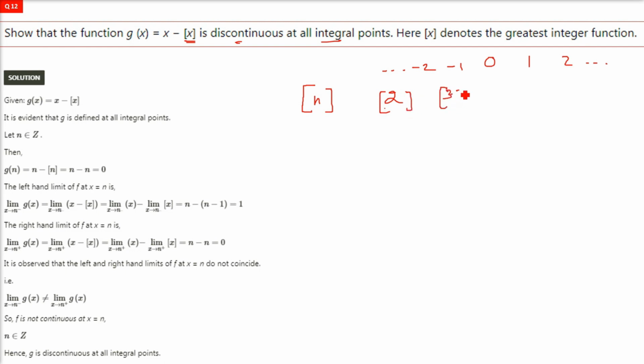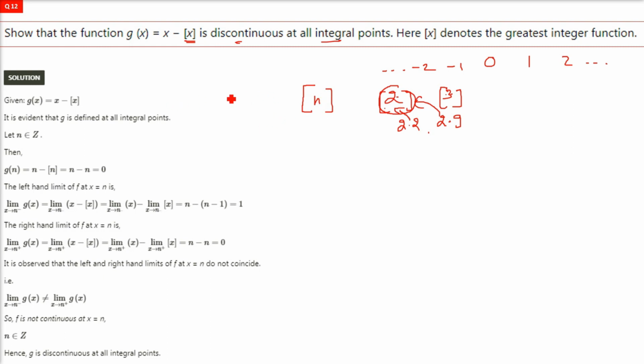So we have 2.1, 2.2, 2.9, 2.96, 2.9996, like this. There are indefinite values which can be between 2 and 3. But for 2.2, the greatest integer function GIF will be 2. For 2.9, it is going to be 2. So the greatest integer function is actually a floor function, you can call it. You'll always take the lower integer until it becomes the next integer.